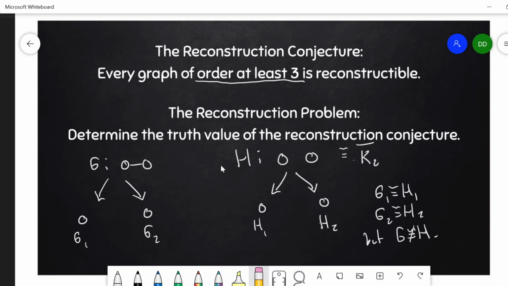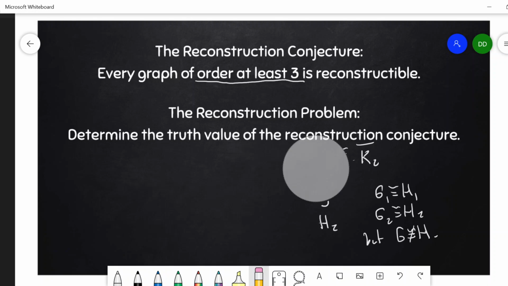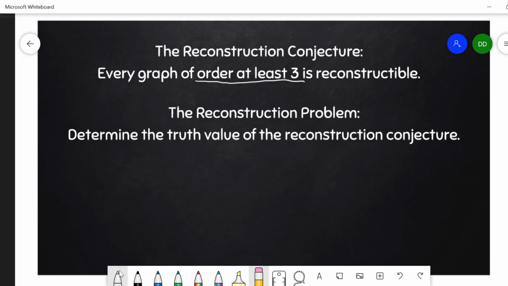Now, there's also a lot of other work. I'm going to go ahead and delete this for a second. There's also other work that's been done on this. So what we're mainly going to focus on here is two ways to go off of this reconstruction problem. So one is, given the list, or we'll call it a deck, because we'll think of the vertex deleted subgraphs as cards.